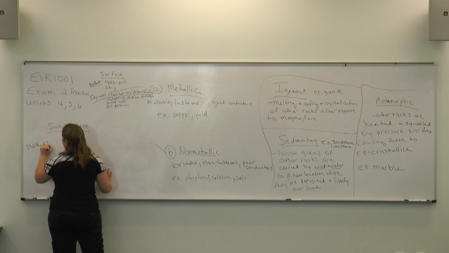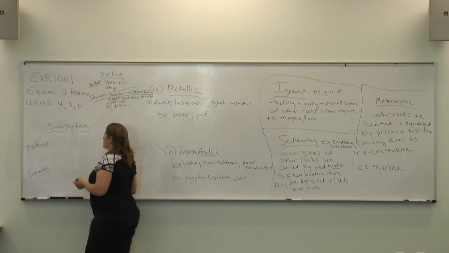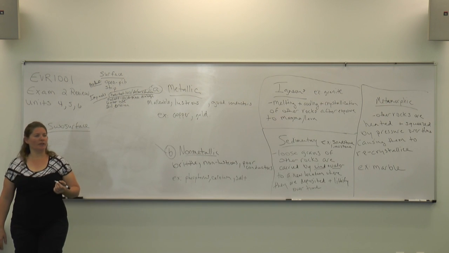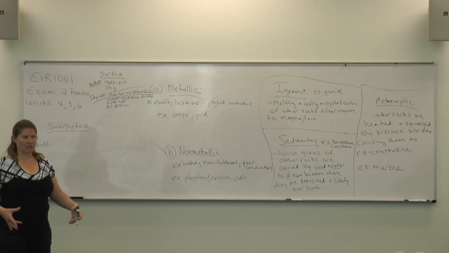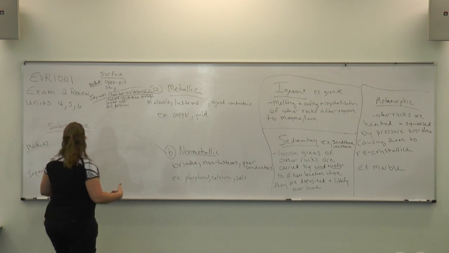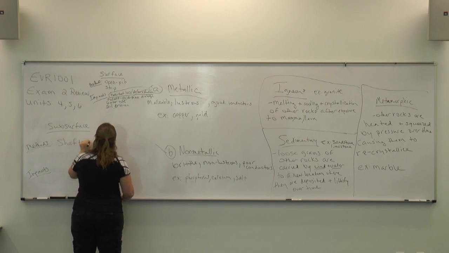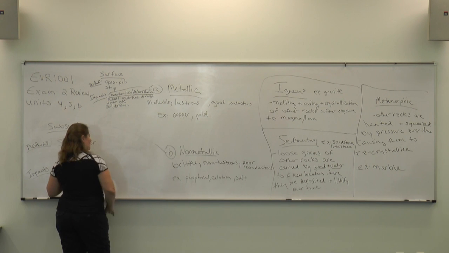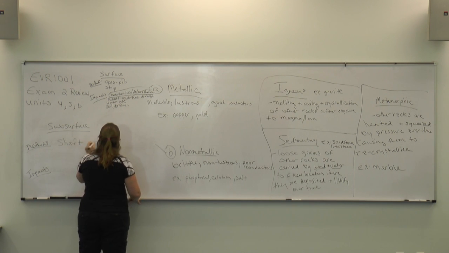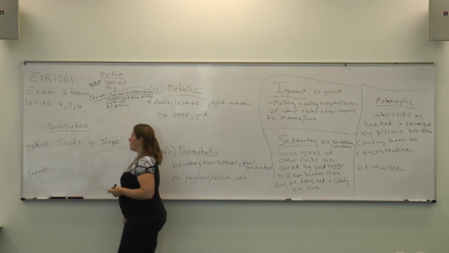And shaft line, or if you want to go over top, right? The top of the mountain, you call that a slope line. Shaft or slope.